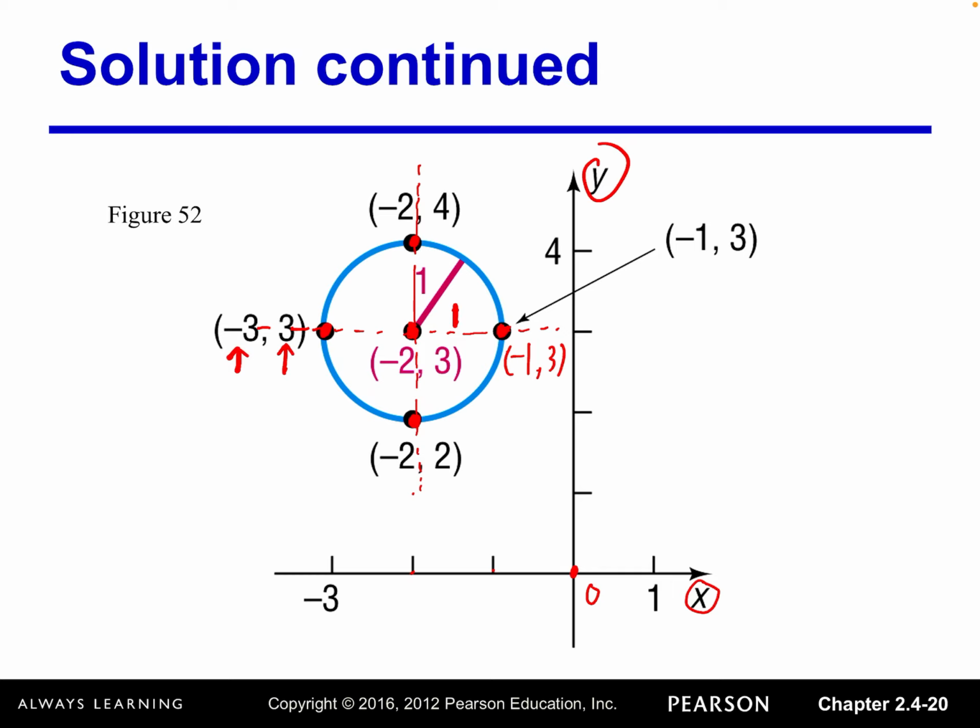And then similarly for the most top and bottom points, this time the x coordinate needs to remain the same as the center of the circle, and then the y coordinate is 3 plus 1 and 3 minus 1, right? Because the radius is 1. So here is a 4, here is 2.